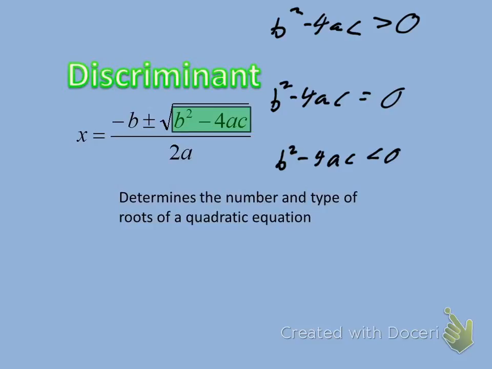Those are the 3 ways a number can be. Essentially, positive, negative, 0. Each one of those 3 classifications is going to give you a different number and different type of solution set.